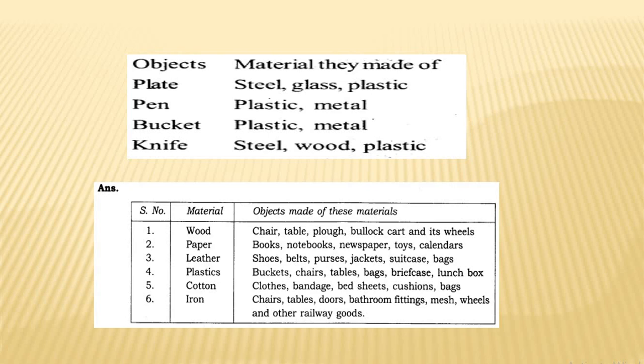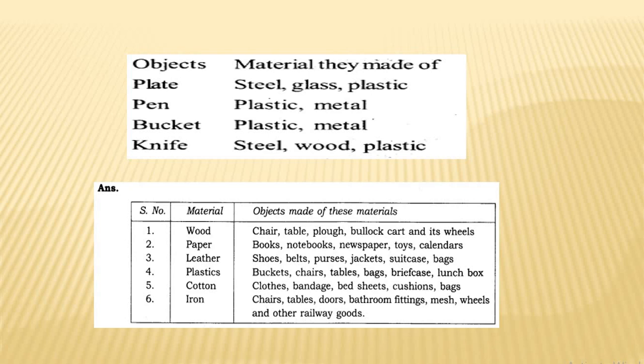We have to write the materials leather, plastics, and cotton, and the objects which are made of these materials. If we see leather, shoes, belts, purses, jackets, suitcases, and bags are all made up of leather. And what about plastics? Yes, students, buckets, chairs, tables, bags, briefcases, lunch boxes, all these are made up of plastics.